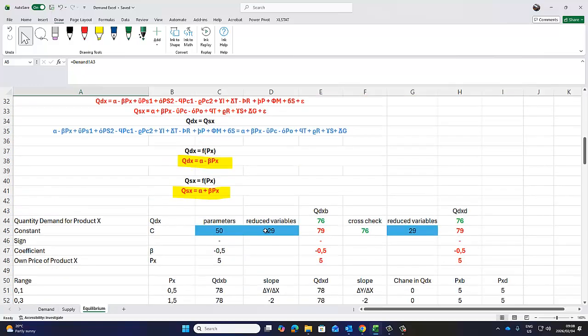So the value of my reduced variables is 29. So that then added to my constant, that gives me 79. 79 minus 0.5 times 5 gives me 2.5, but rounded, 79 minus 3 gives me 76. And this is just the reduced or the derived of the scenario.